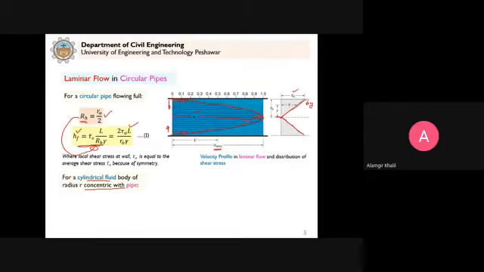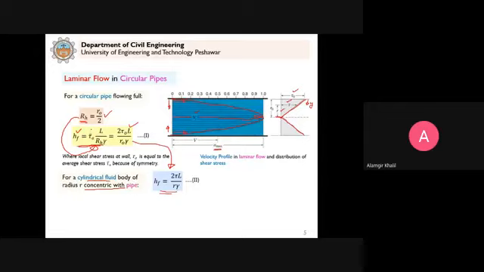If we do the same analysis and we consider in this case tau and r instead of tau naught and r naught, so we will get what? We will get this equation. Similar to this equation, we will get this equation. Clear?